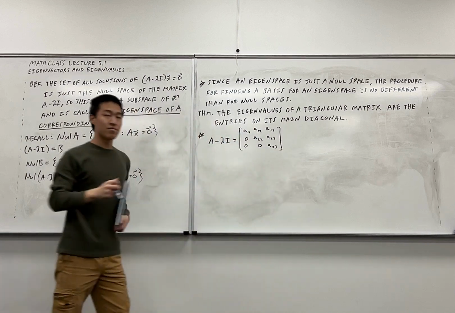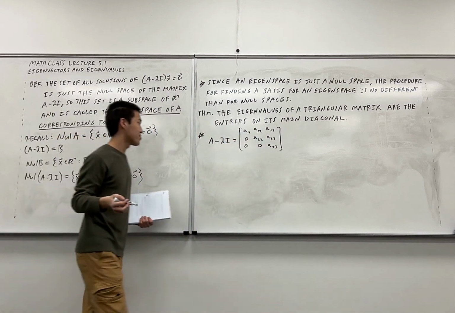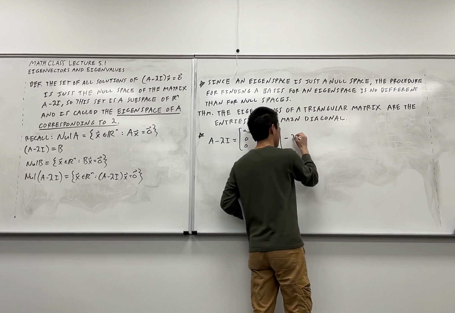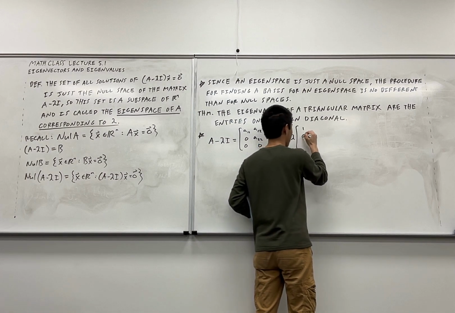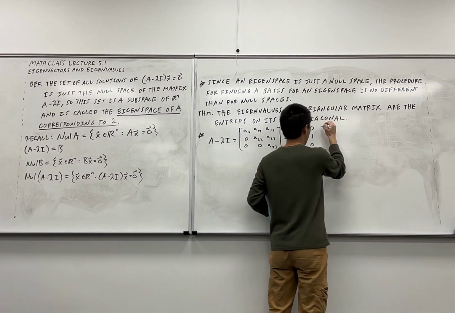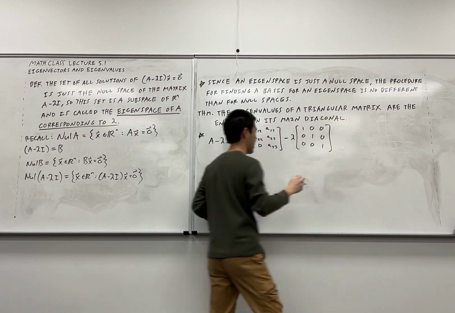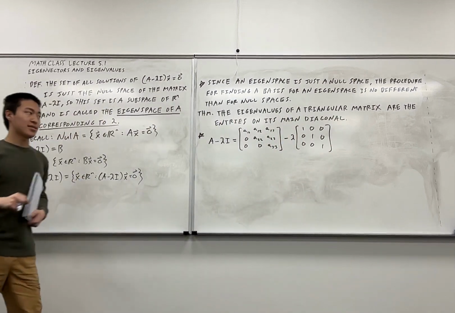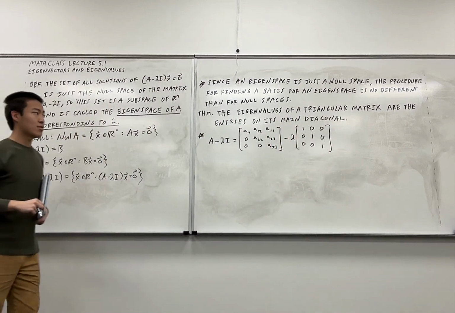So there's my A in a 3x3 case, minus lambda times I. And since I'm doing 3x3, I will put my identity as such. So I'll do 3x3 identity. Okay.